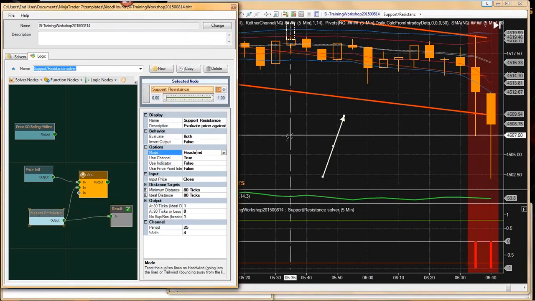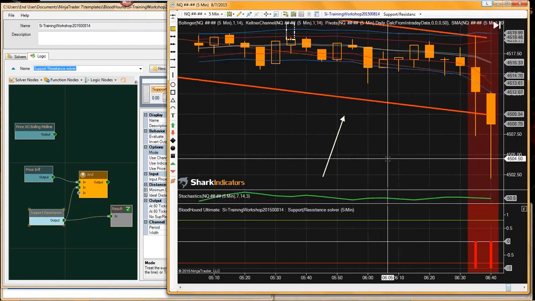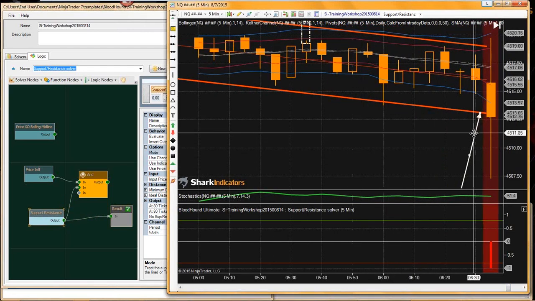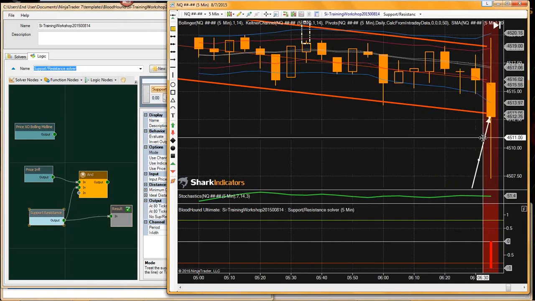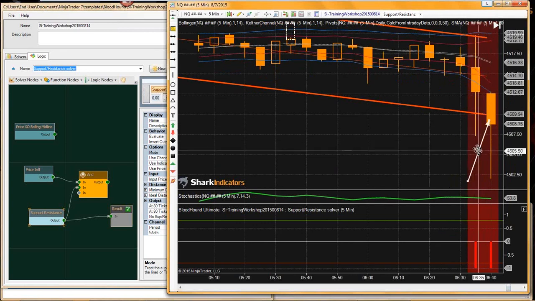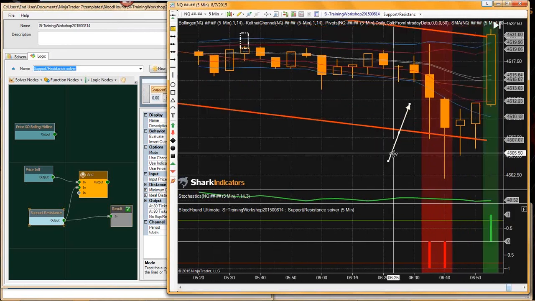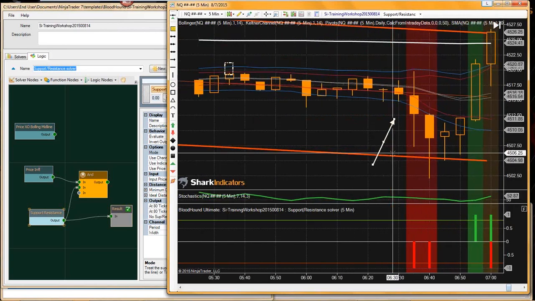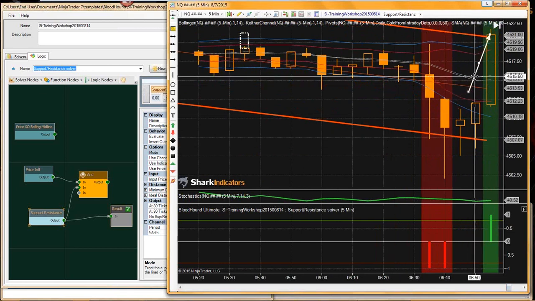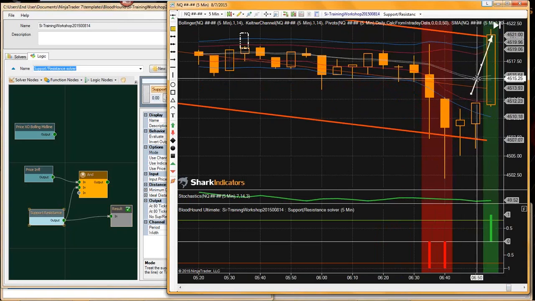Remember, this is for headwind mode now. And once again, price is below our regression channel line here and on the next bar. And it looks like price broke above the upper channel here.